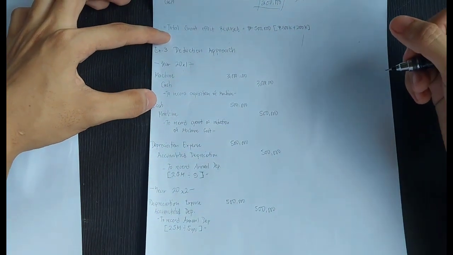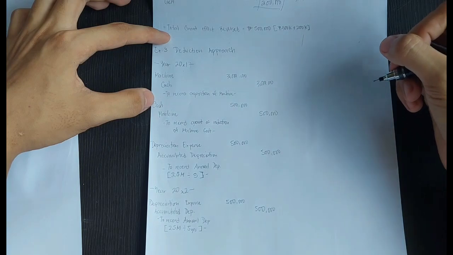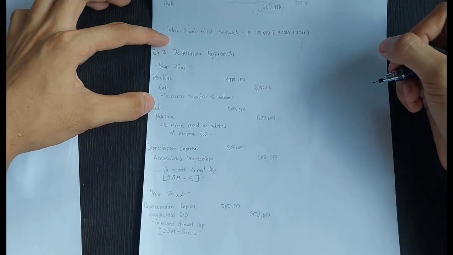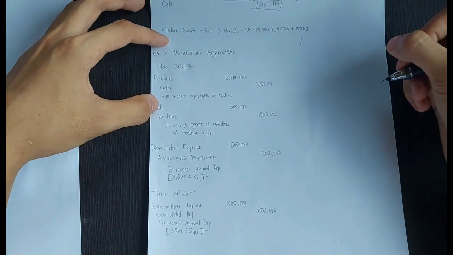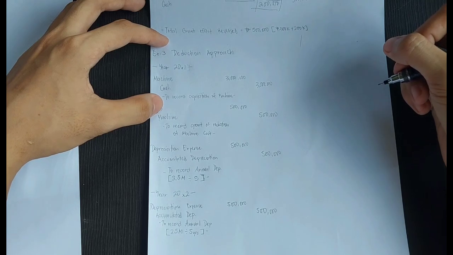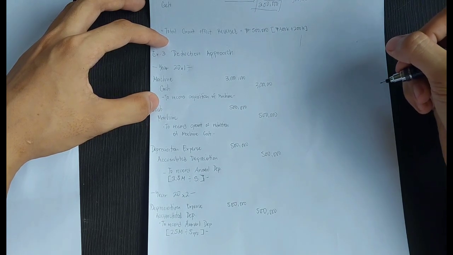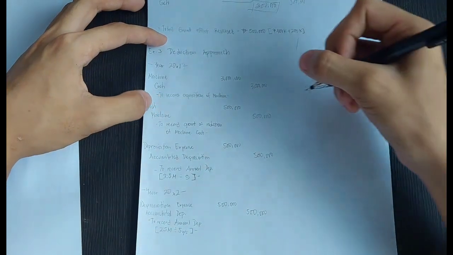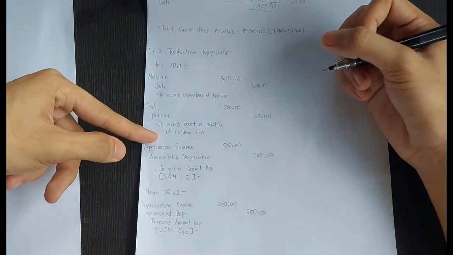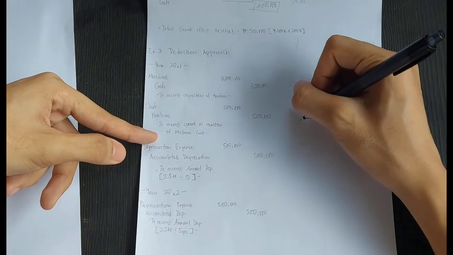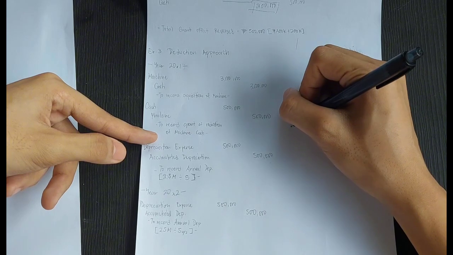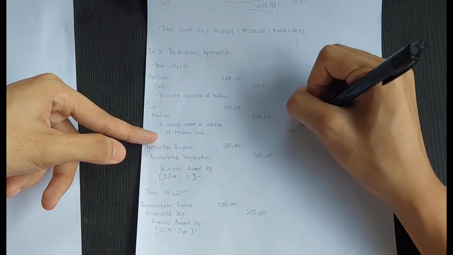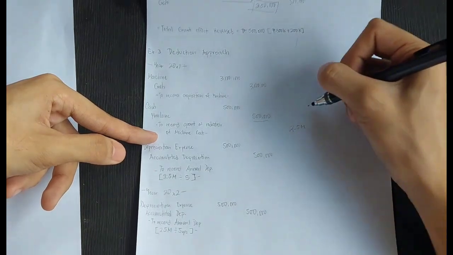And for the next entry, we debit cash 500k and credit the machine for 500k. It is simply to record the grant reduction of the machine. So after this deduction of the grant from the machine cost, our balance for the asset is left with only 2.5 million since we deduct 500k from the 3 million.